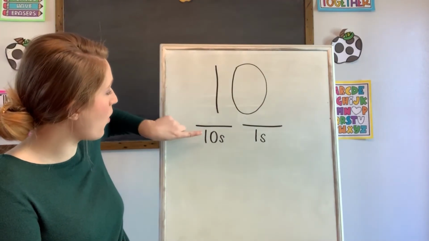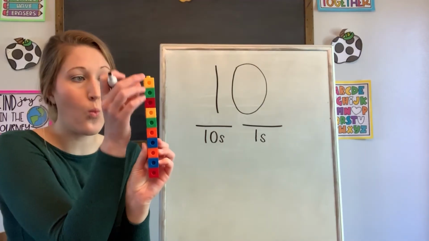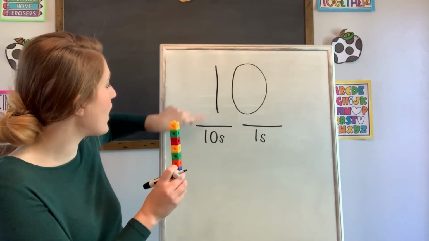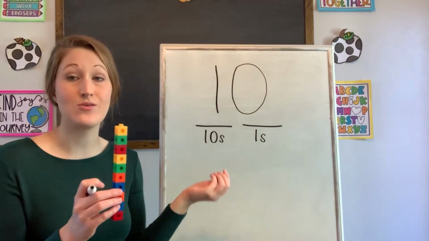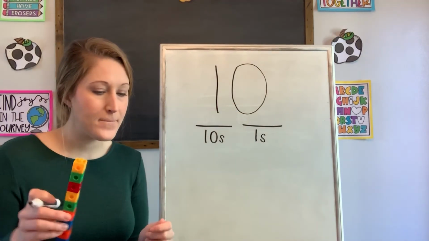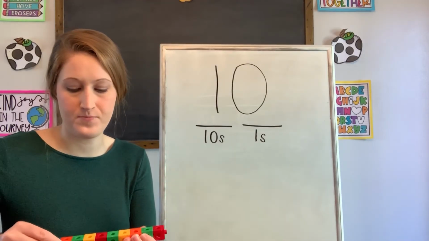So right now I have 1 ten. So that's one of these guys. I have one of them. So it's 1 ten, and I don't have any extra little pieces, so that's a 0. So that's our 10.